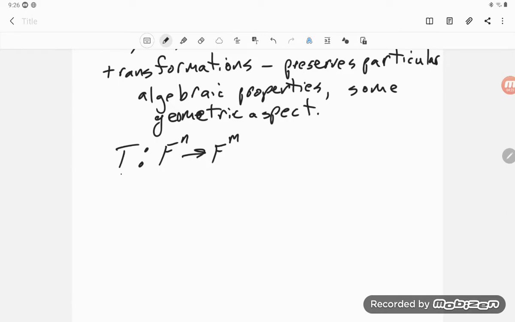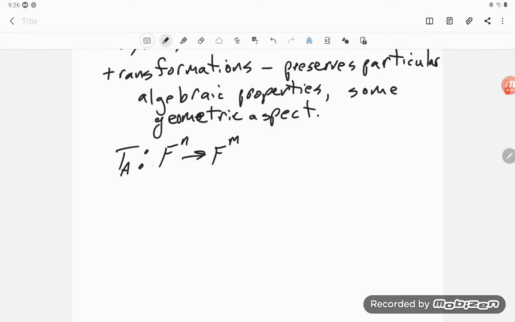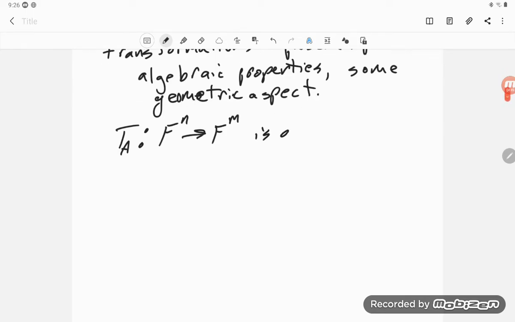And in the textbook, they toss a small a down here. I'm going to say this a little more generally, though. So I'm going to say that T_A from F^n to F^m is a linear transformation. Okay, running out of room there. We'll put it down here, linear transformation.